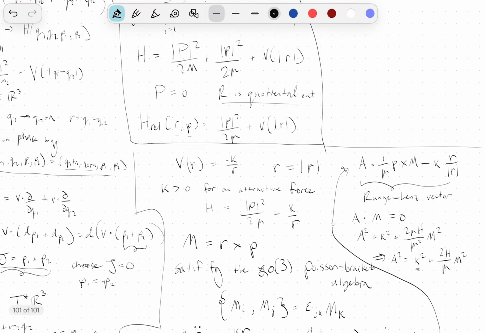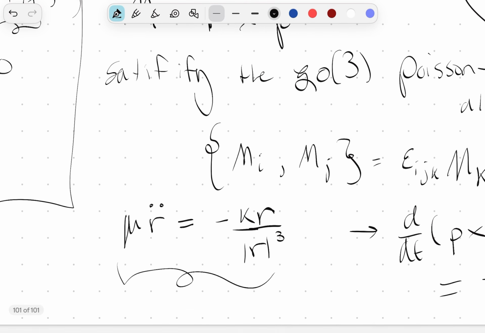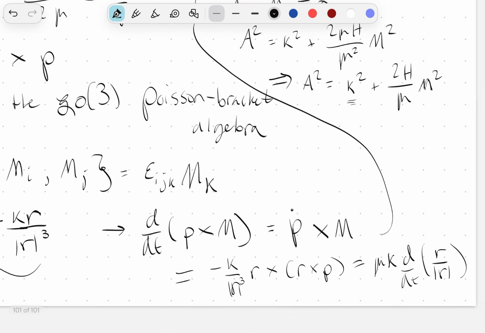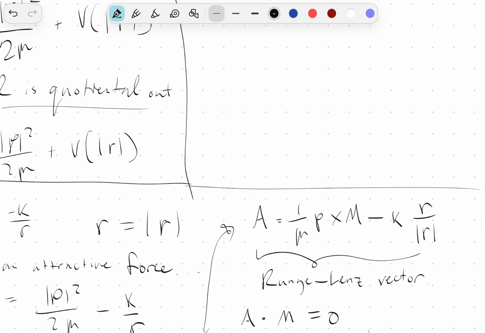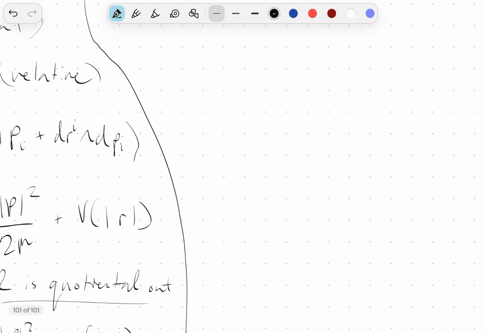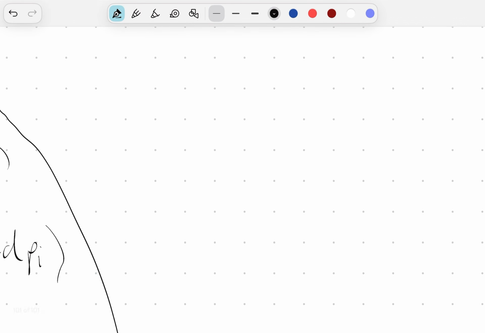Now that we're aware of this particular type of hidden symmetry that comes from basically taking Newton's equation and also the time derivative of the momentum cross the angular momentum in this nice center of mass frame of reference, we can use the canonical Poisson brackets. So let's take the ith component of our radius vector with the jth component of our momentum and get a Dirac delta.